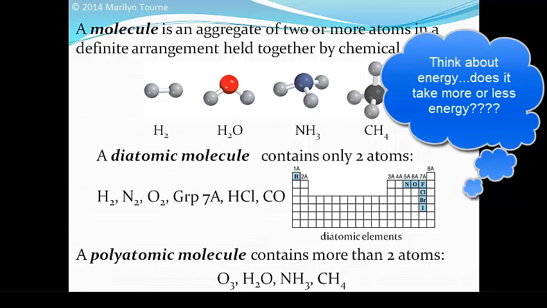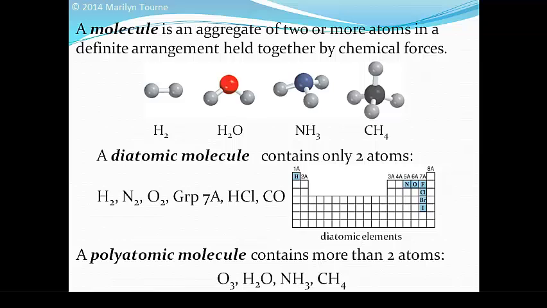Alright, so if diatomic means containing only two atoms, then a polyatomic molecule is something that contains more than two atoms. So basically everything else. So you have O3, which is ozone, or water, okay, or NH3. And you're saying, wait a minute, water only has hydrogen and oxygen. That only makes it two. But no, you have to remember there's two atoms of hydrogen and one atom of oxygen.